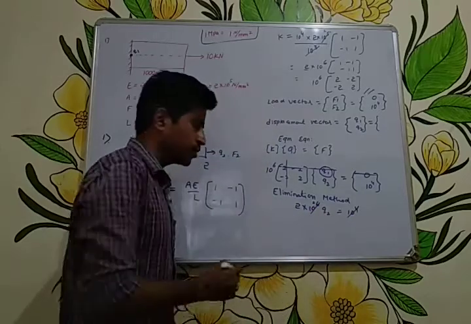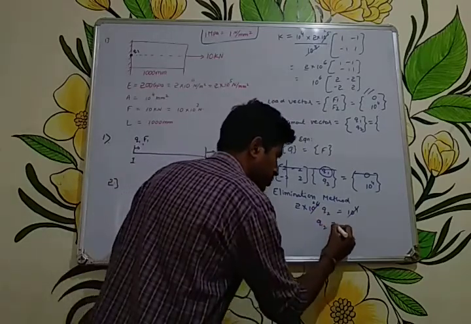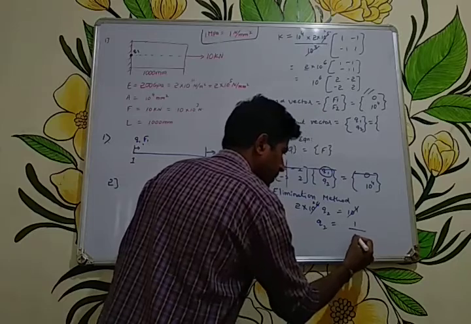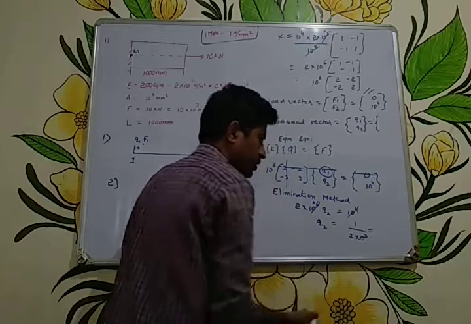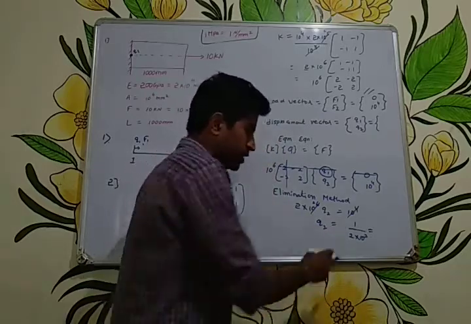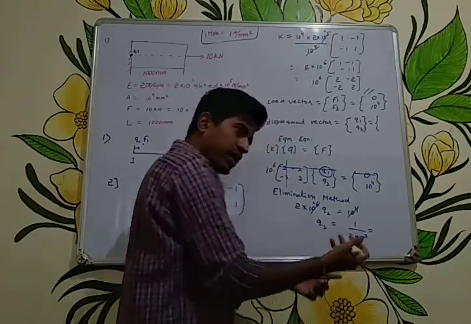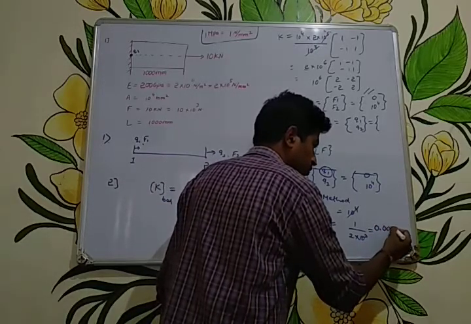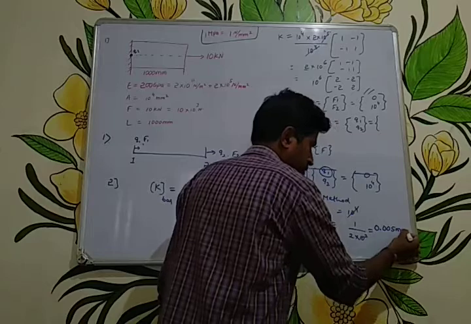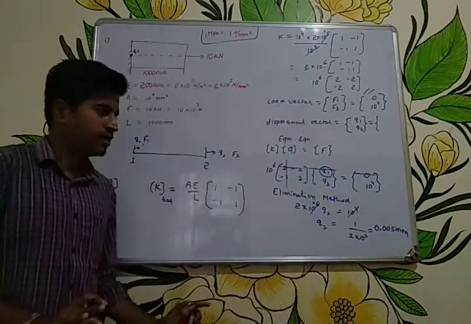Another 2 remains. Then Q2 will be is equal to 1 divided by 2 into 10 to the power 2 immediately. You know that 1 by 2 is 0.5. 0.5 then again divided by 10 to the power 2 will yield us 0.005 mm. So this is the displacement value.